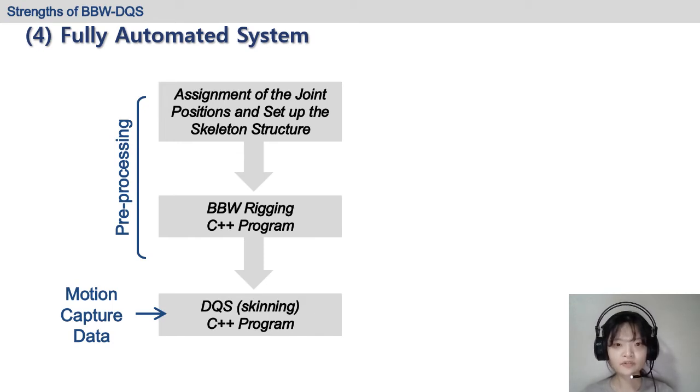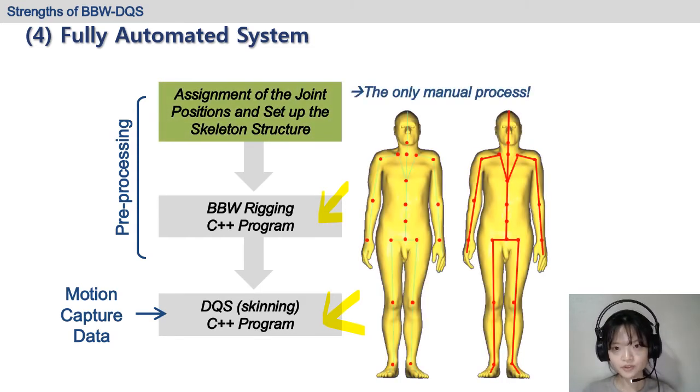This is the overall procedure of the phantom animation by BBW DQS. And here, these two are done by dedicated C++ programs developed in our lab, and the only manual process is this part, assignment of joint positions and setting up the skeleton structure.